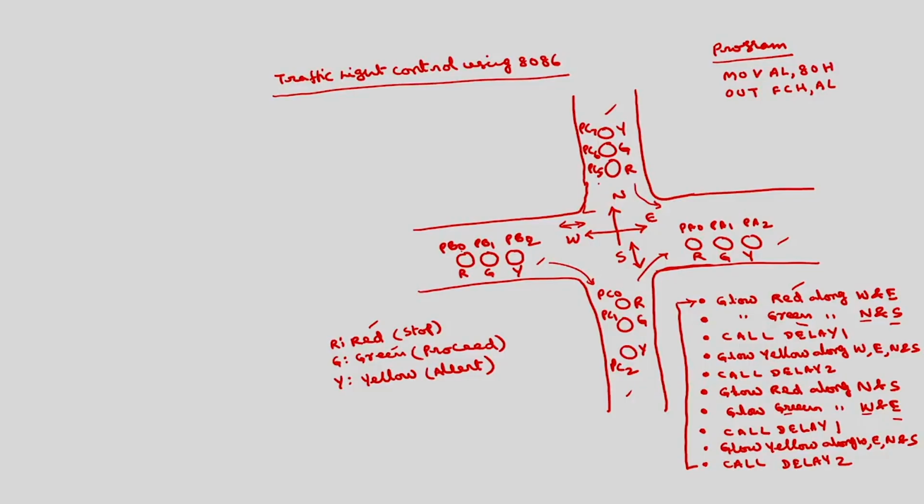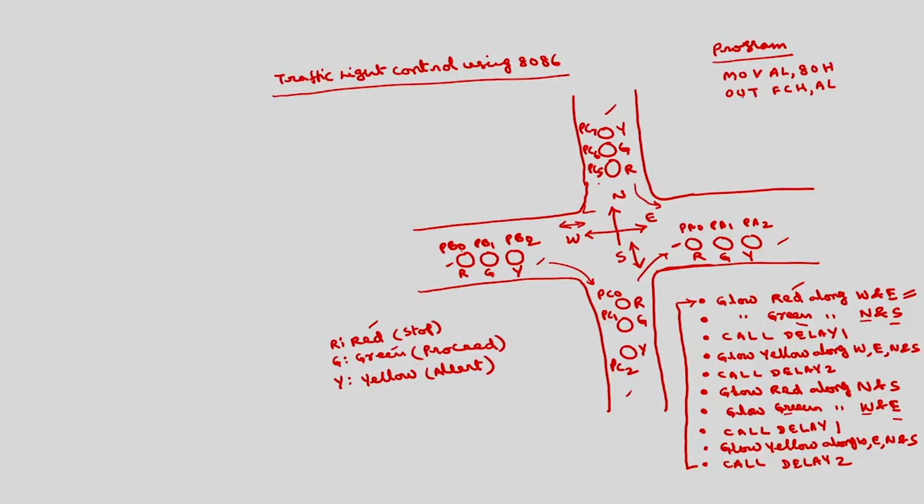Now, coming to the first operation, which is glow red along W and E. Red along W is connected to PB0, and red along E is connected to PA0. So, you have to make PB0 and PA0 as 1, so that red will glow along the west and east directions.